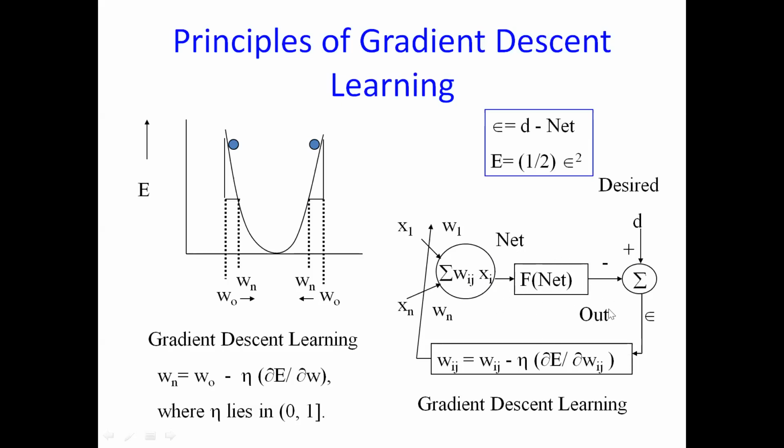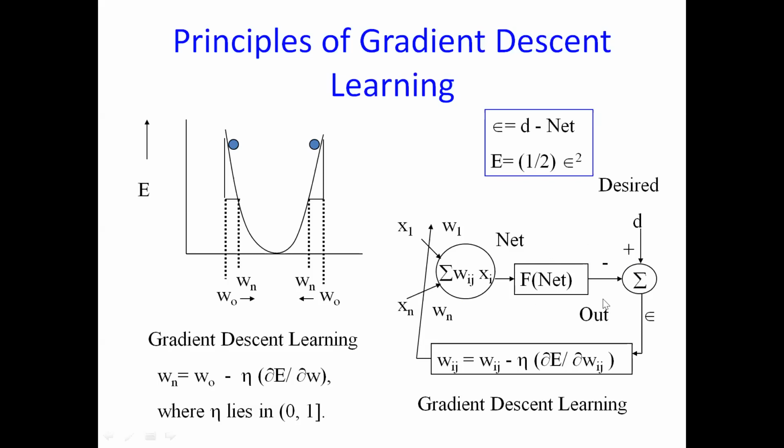Whatever the output of the neural net, we know that whenever there is a feedback process, there must be a target or desired output, and we have some output obtained from the neural network.